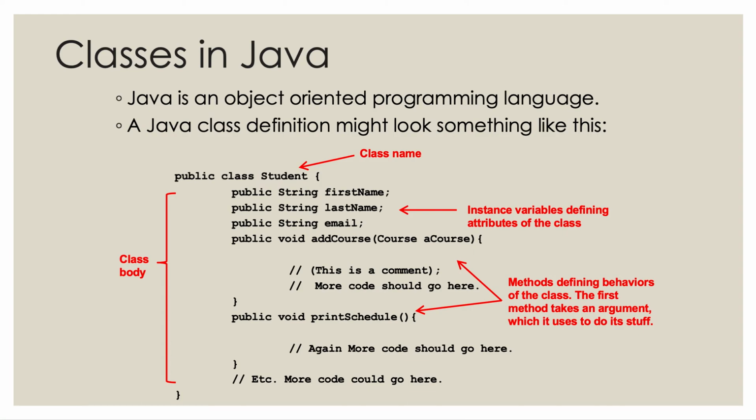For example, here we have public class Student. That is public because we can create some objects from this class, that is Student, and then we open curly braces to write our program.